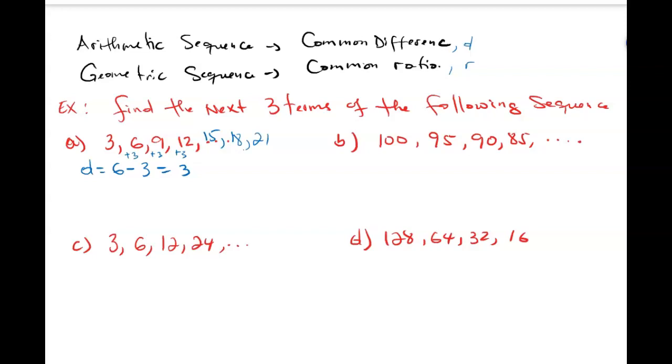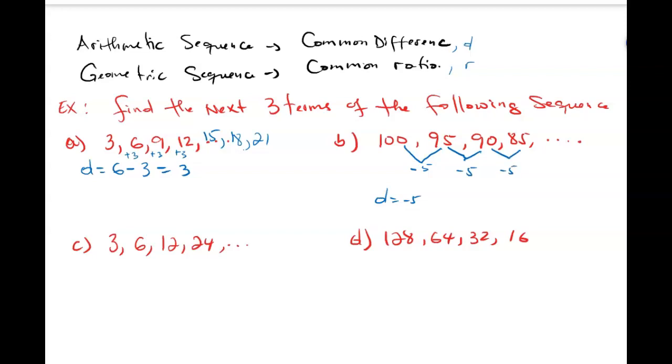Over here, what is the difference between 100 and 95? If you see, you're subtracting 5 each time. So D is -5. You subtract 5 here, you subtract 5 here. Okay, D is -5.